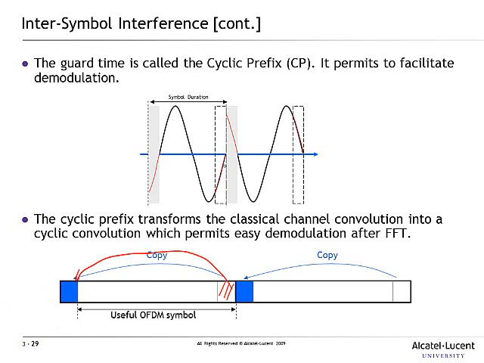You can see that this portion of the symbol here, which is the last portion of the symbol, has been copied and transmitted over here. And this results in better performance than if you were to transmit nothing.